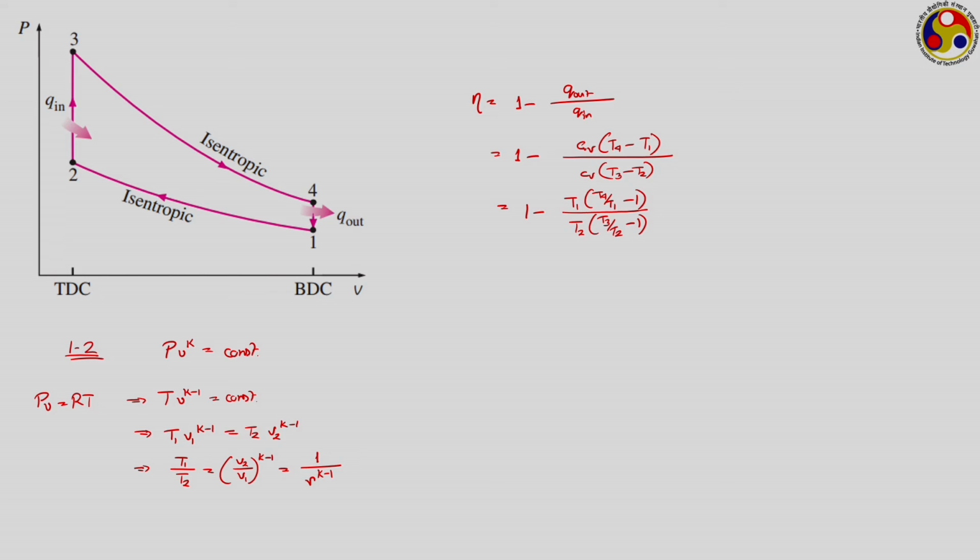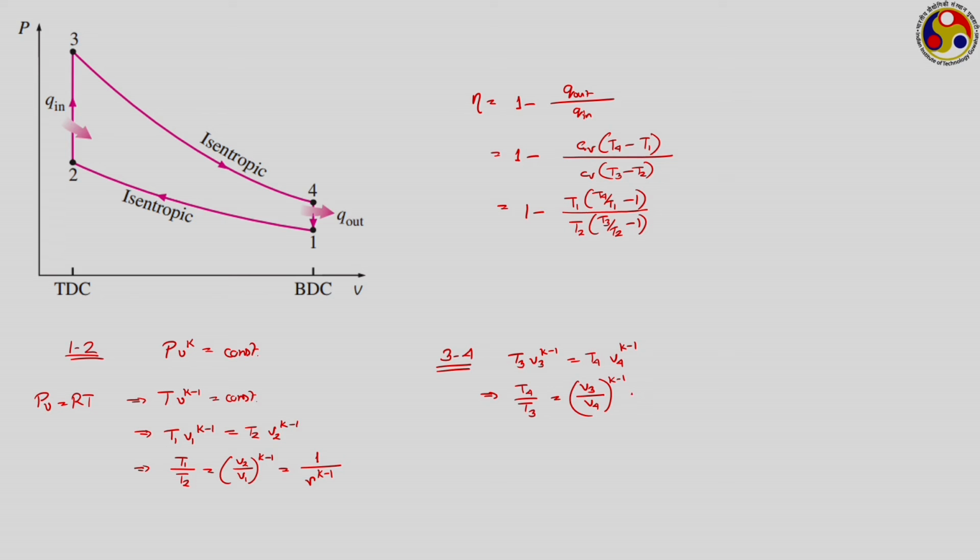Now, check out process 3 to 4. 3 to 4 is another isentropic process. So, during this particular process, we have T3 V3 to the power k minus 1 is equal to T4 V4 to the power k minus 1, which gives us T4 upon T3 equal to V3 upon V4 to the power k minus 1.